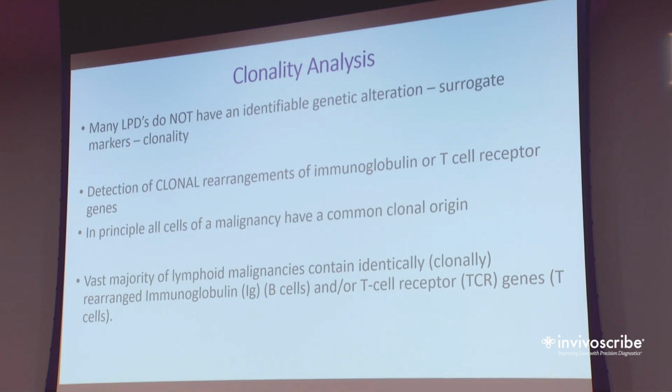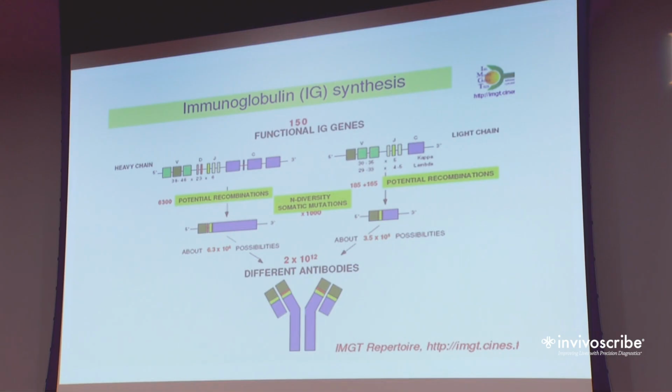So we go on to clonality analysis. We all know why we do it. We're looking for a clonal population, and most of the lymphomas we're looking at don't have a specific genetic marker. So for B cells, we're looking at immunoglobulin gene rearrangements, and for T, TCR gene rearrangements, with the premise that all the cells of the malignancy come from a common clonal origin.